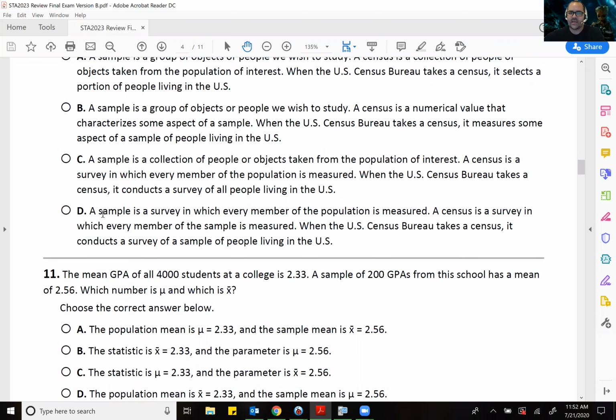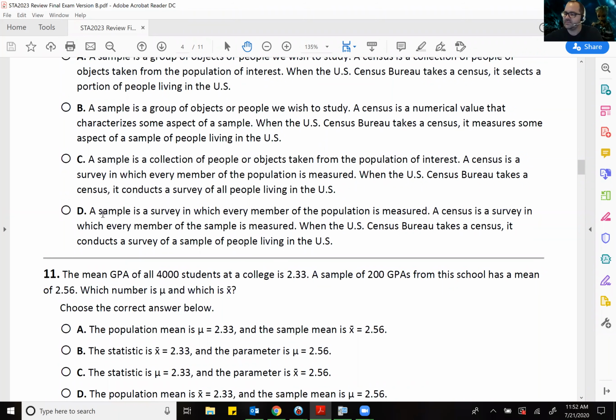A sample is a collection of people or objects taken from the population of interest.